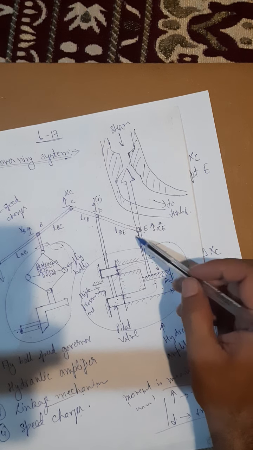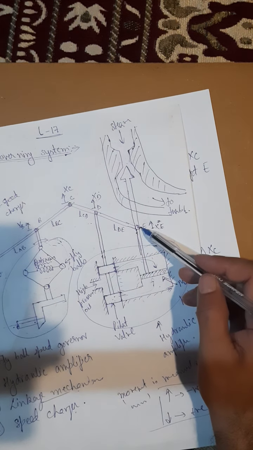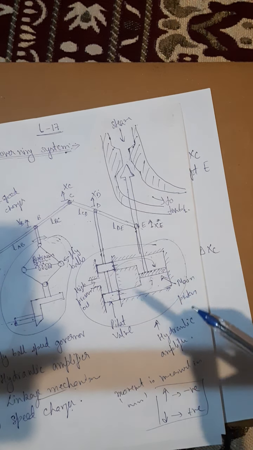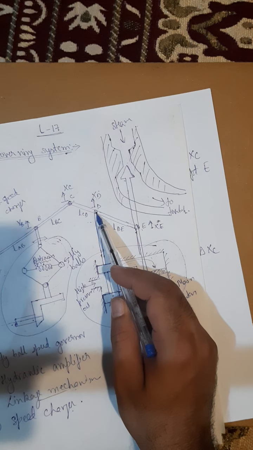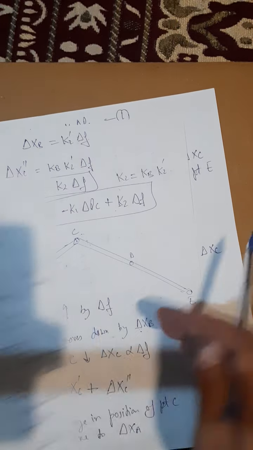Okay, now next I will see the change in position of point D with the change in position of point E. What I am calculating is the change in position of point D due to the change in position of point E. So how can I calculate it? It is easy.